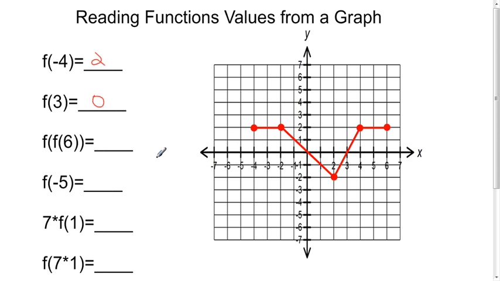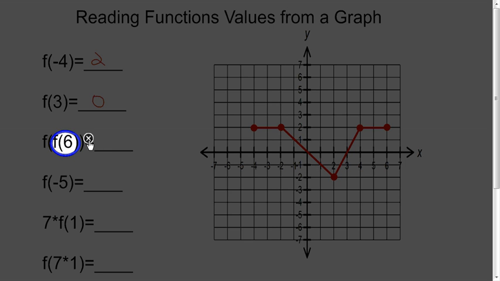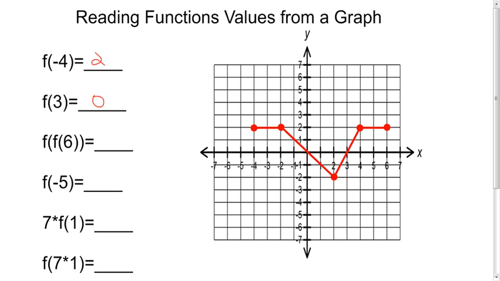Okay, this next one is read f of f of 6. So, to do that, we've got to find f at 6 first. Well, f at 6 means to use 6 as the input. Go find its spot on the graph, and then find its output, which in this case is going to be 2.